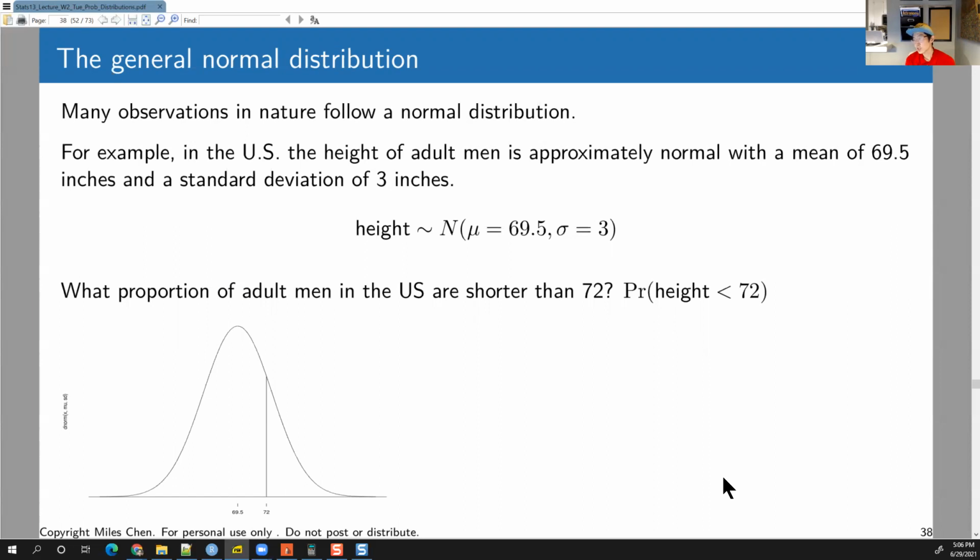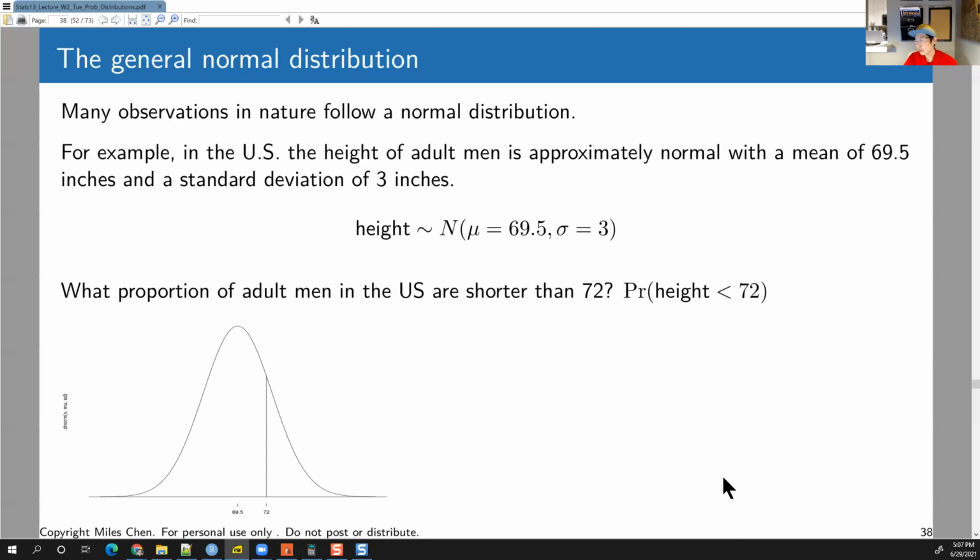For example, if we look at the height of adult men in the United States, and these are just approximate numbers, for simplicity, we'll use these numbers here. We're going to say the mean height for men in the United States is 69.5 inches, and we've got a standard deviation of around 3 inches, for adults in the United States.